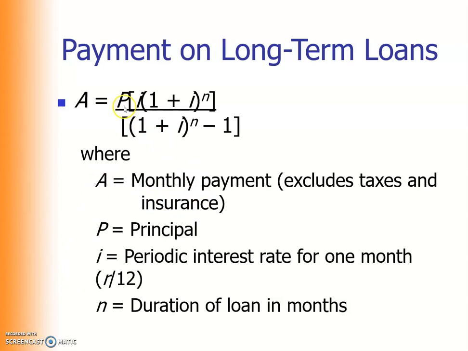If you have taken the engineering economy course, then you are familiar with these formulas for the annual or uniform periodic payments. A is equal to P times i(1+i)^n divided by (1+i)^n minus 1, where P is the principal amount, the loan taken or given, i is the interest rate, and n is the number of periods for the loan.